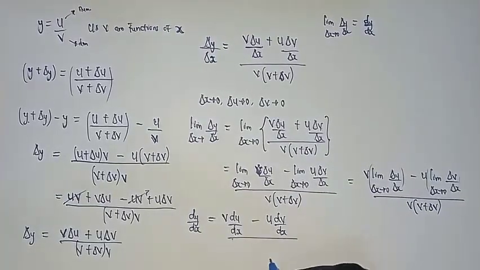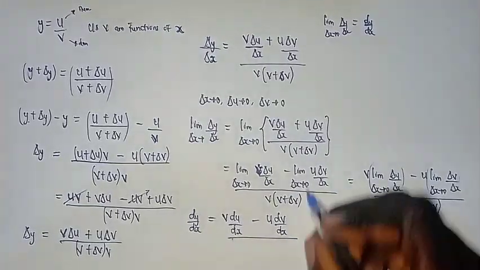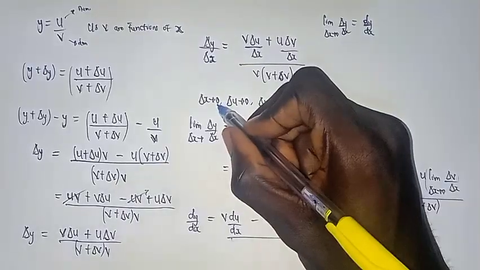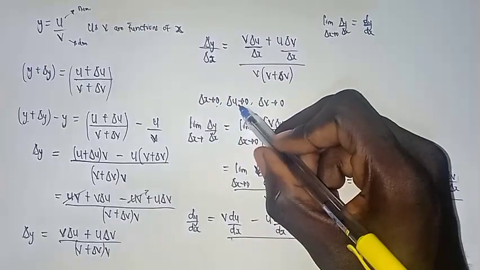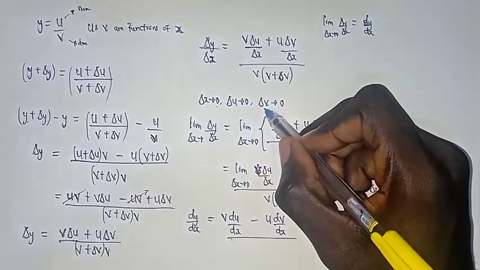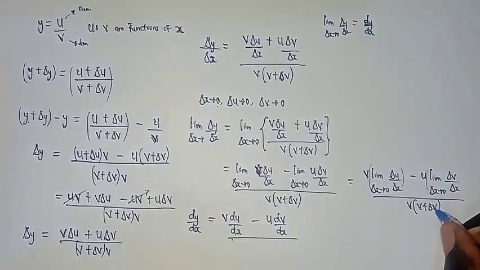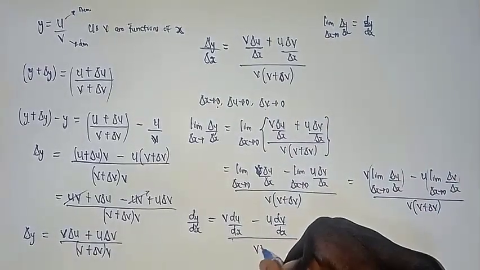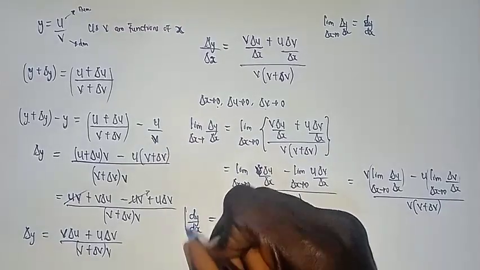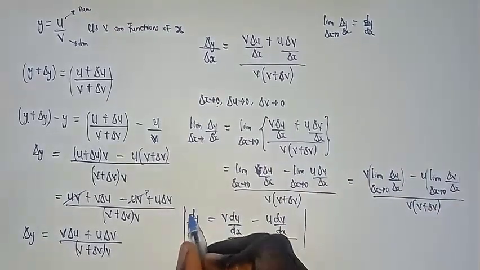This becomes over v. We stated earlier that as delta x approaches 0, delta u also approaches 0, and then delta v approaches 0. So if we put delta v to be 0 in this equation, we have v squared as our denominator. So this becomes our quotient rule formula.